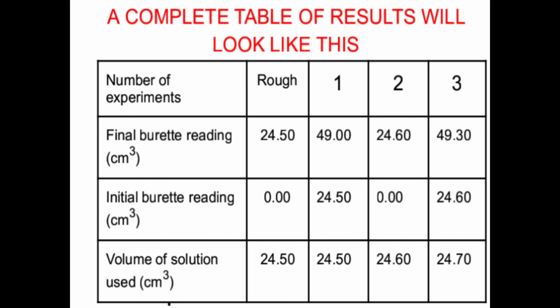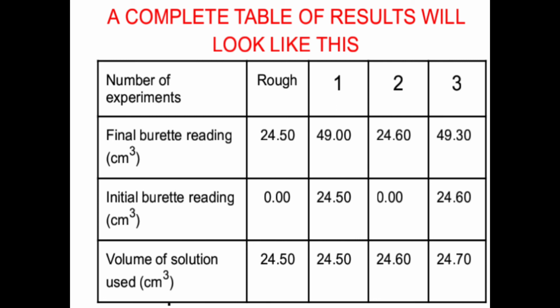For the second, we are having 24.60. For the third, we are having 24.70. So the subtractions here are correct. So we shall get marks for making correct computations or correct subtraction.